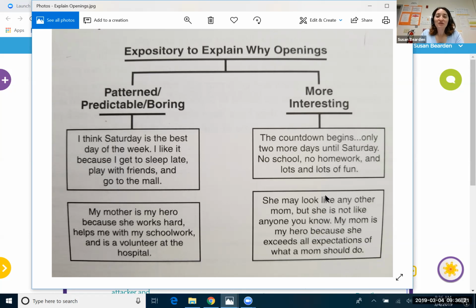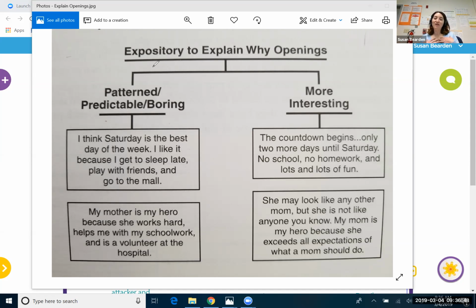So I wanted to show you guys, you can see on your screens, I've got some information here. We're talking first about the different types of openings, and you can see on our tree map here, it says expository to explain why openings. So right now, we are explaining our opinions, and that's why it says explaining why.